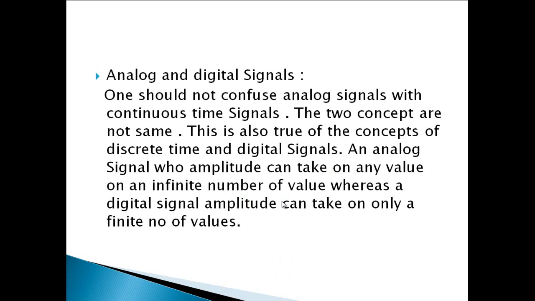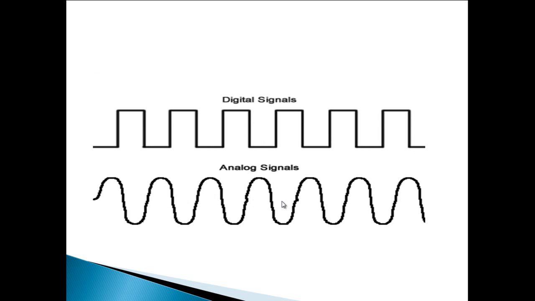Let me ask you this: can an analog signal be a discrete signal? Yes, it can be. In an analog signal, you consider the amplitude. Now time is not considered. Your amplitude should be present throughout the time axis.